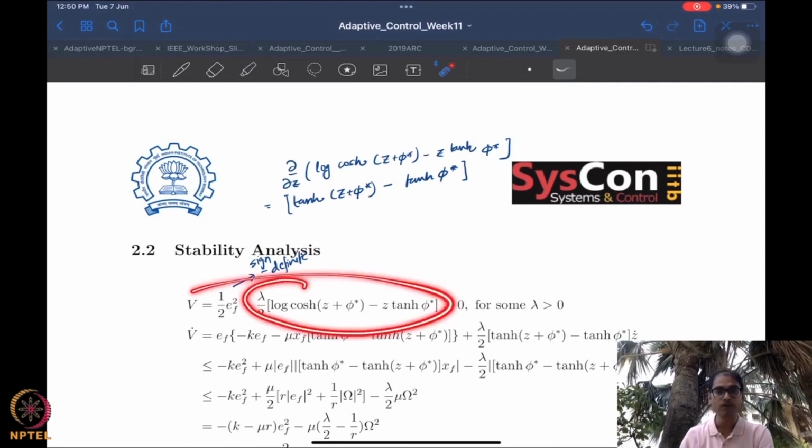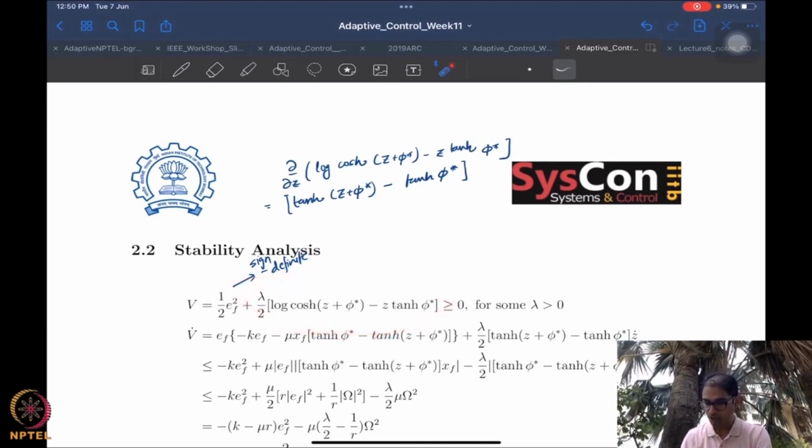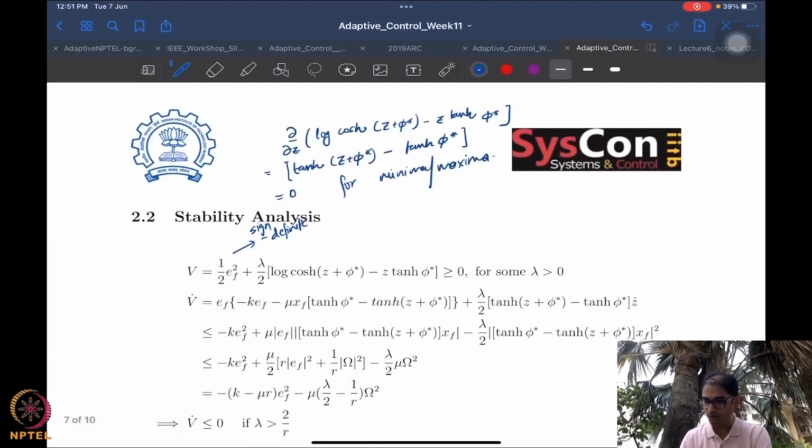Now to find the minimum of this term, I took the partial here, and I will equate it to 0 for minima. Of course it can be maxima or minima. So when does this equal a minima? It's evident that at z equal to 0, and I claim it is in fact a minimum. I'm not going to do this computation; you can check it out on your own. It turns out this has a minimum at z equal to 0.